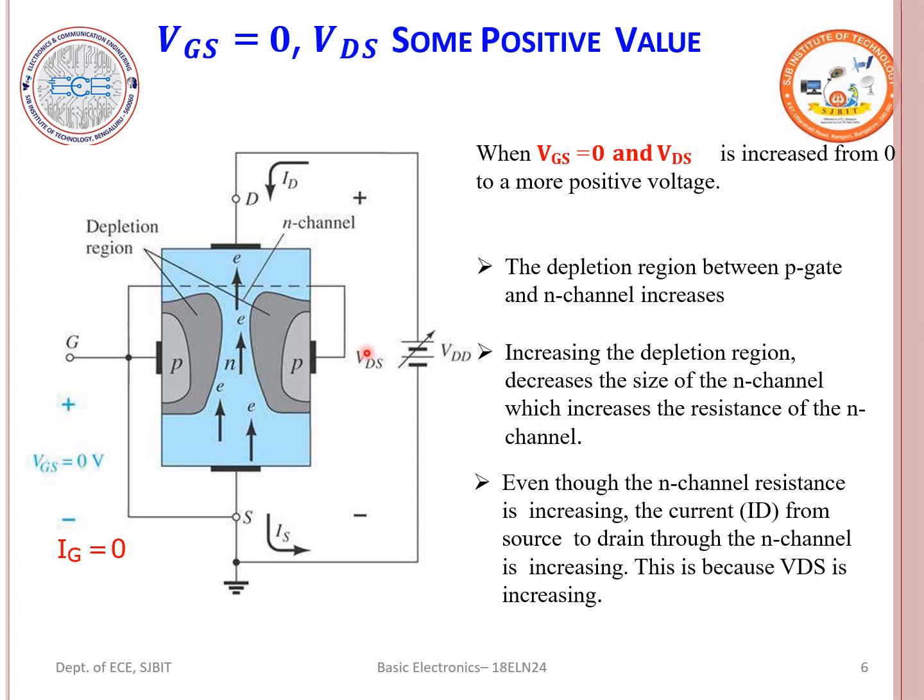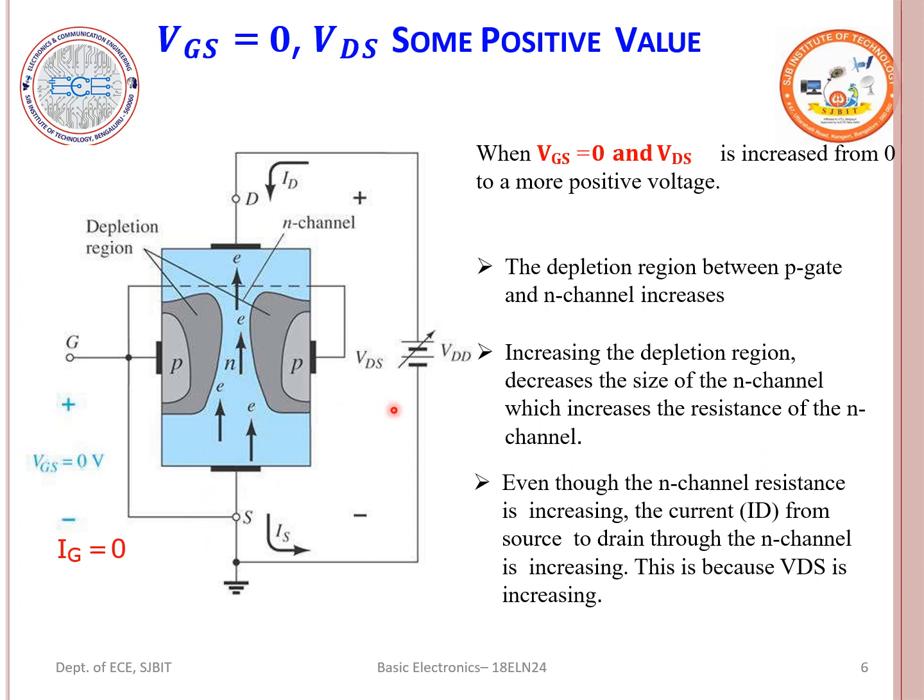The terminal where the majority charge carriers enter the channel we call the source, and the terminal where the charge carriers leave the channel we call the drain. So the drain is always at the top and the source at the bottom.